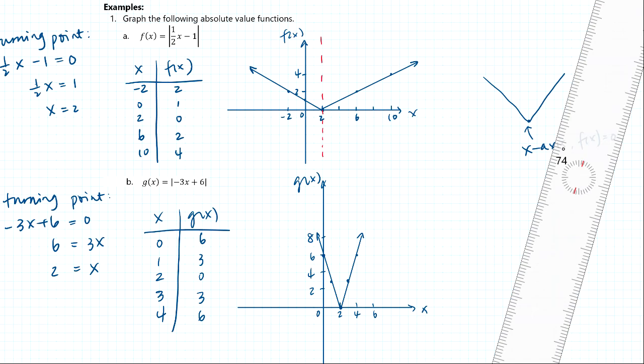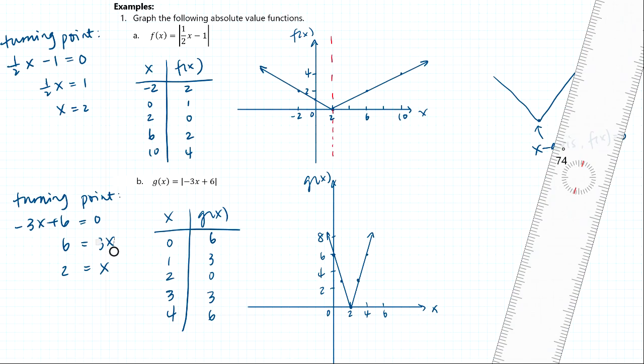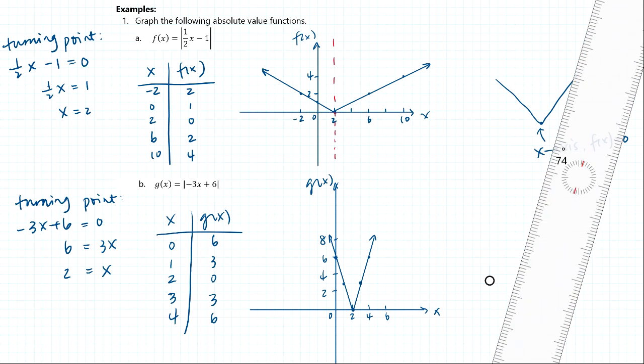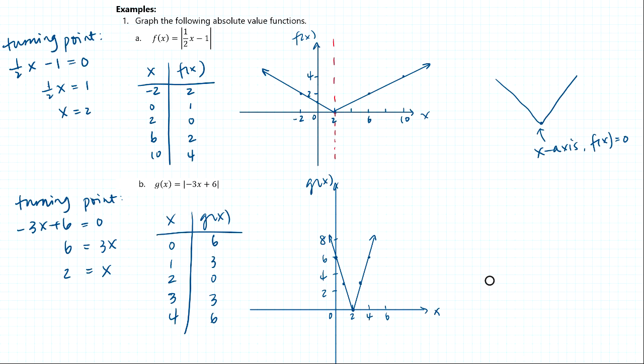And these are the key points for graphing absolute value functions. And remember, it's always going to be the V shape that we're looking for, and your graph should always stay above the x-axis, and the turning point will hit the x-axis exactly at the key point we want to graph over here.